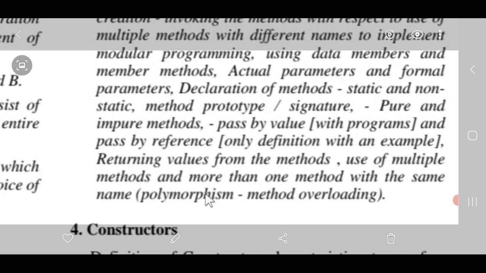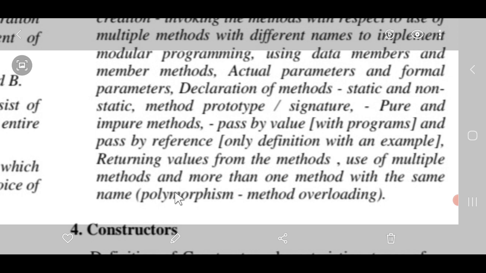All right. And after that, we have more than one method with the same name, that is polymorphism. All right, but with different number and types of parameters. And as it is clearly mentioned here, polymorphism for the function overloading. So function overloading is a way of implementing the concept of polymorphism, and constructor overloading is also there to implement the concept of polymorphism.